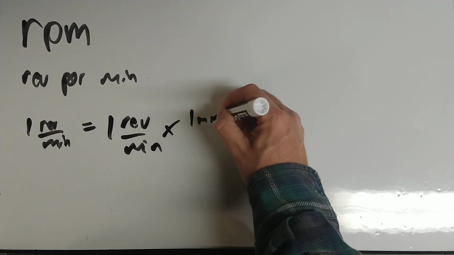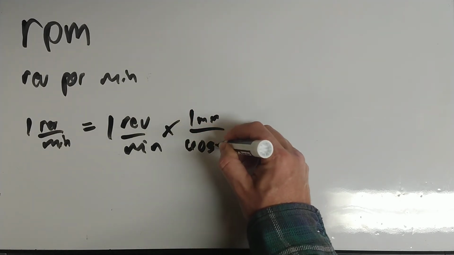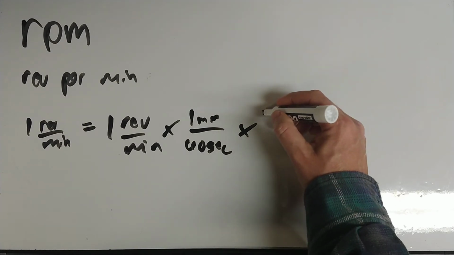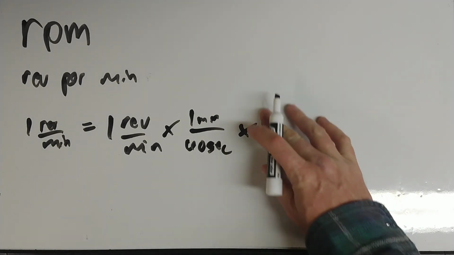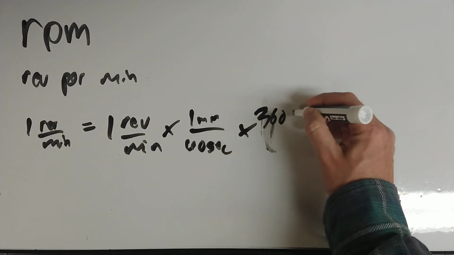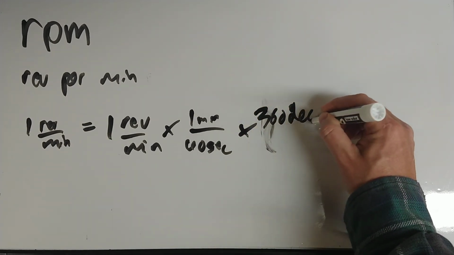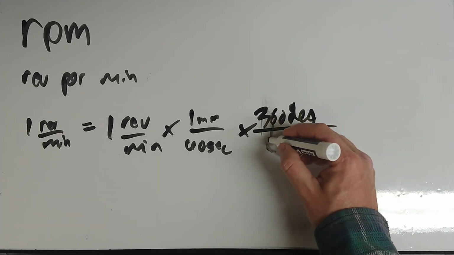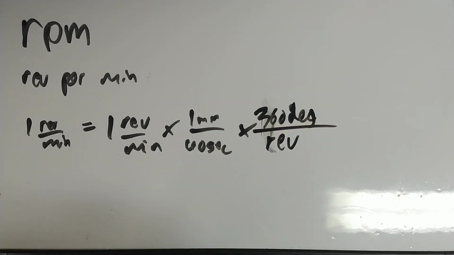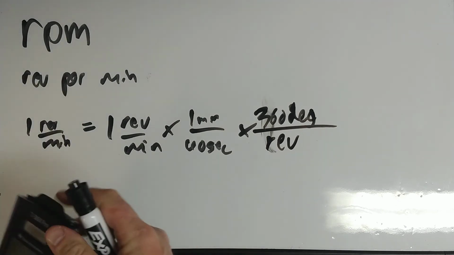There's 1 minute per 60 seconds, and 2 pi, or I'll say degrees for now, 360 degrees per revolution, or rotation, whatever you want to say.